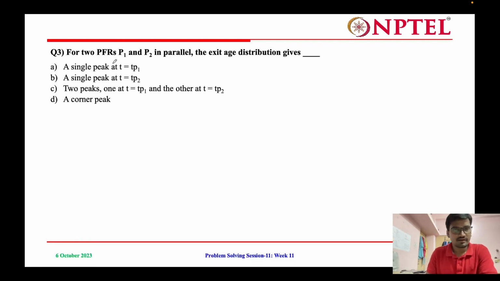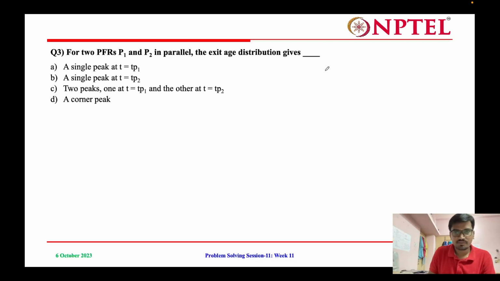Now question number 3. For two PFRs, P1 and P2, in parallel, the exit age distribution gives. The options given are a single peak at t equal to tP1, a single peak at t equal to tP2, and two peaks. So here two peaks are obtained.